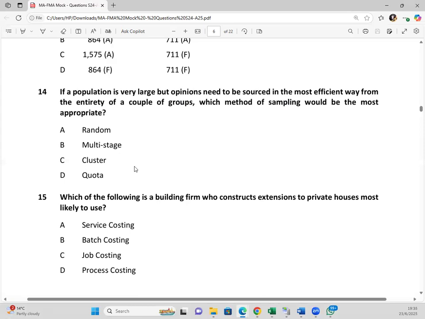For quota sampling, you first of all divide the population into groups with similar needs and wants. Then we pick a representative from every group. Under random sampling, if it's random sampling, every member has the likelihood of being chosen.